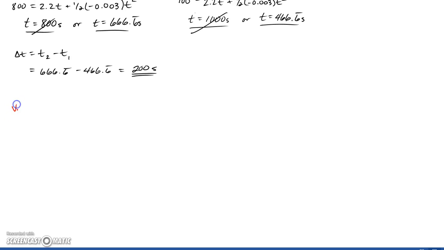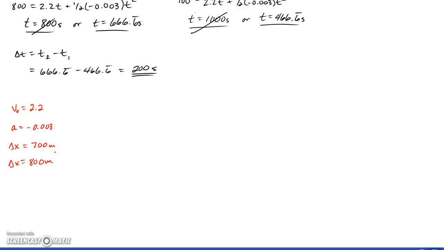All right, so I'm going to rewrite my information. So I was given my initial velocity is 2.2, acceleration is negative 0.003, and then I'm looking for these displacements. All right, so 700 meters, 800 meters.